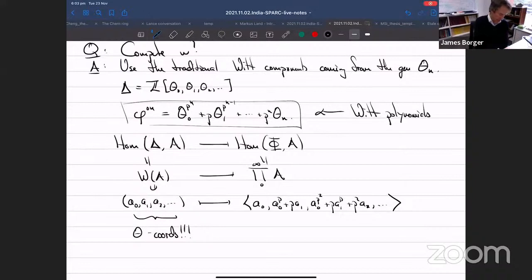If you like, the thetas are the coordinates on the left-hand side, the phis are the coordinates on the right-hand side. This equality here induces that map. Okay, and you can see some things that, if you know, these are called the ghost components.